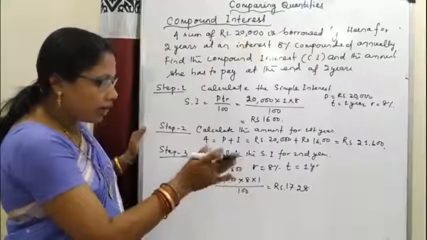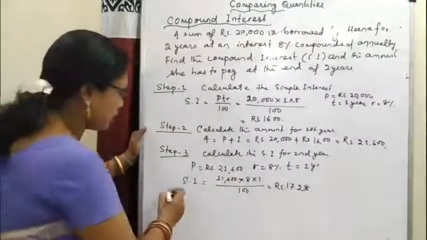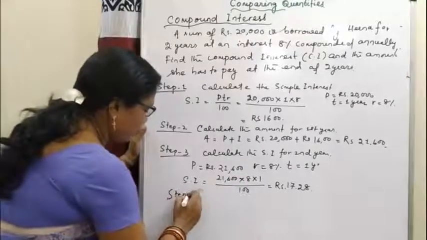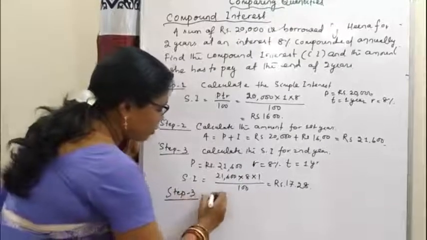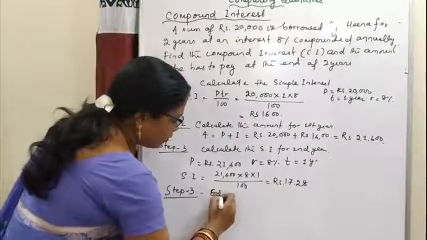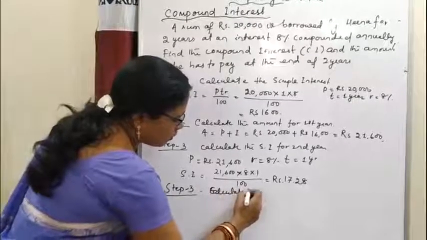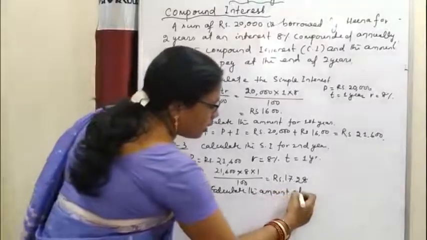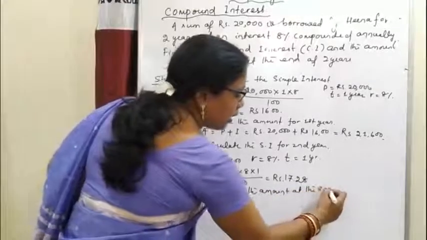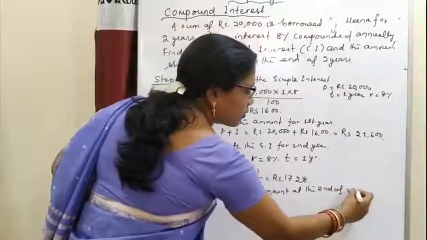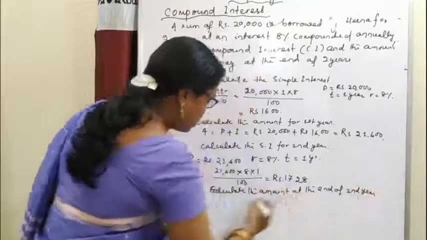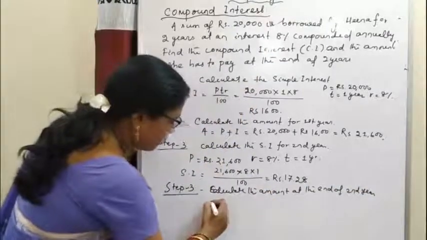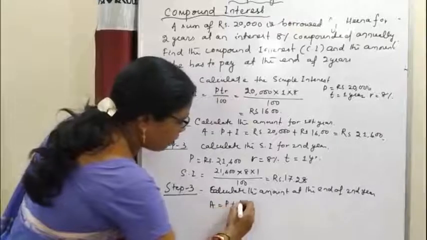Then what will be the amount at the end of second year? So step 3. Calculate the amount at the end of second year. So amount is equal to principal plus interest.